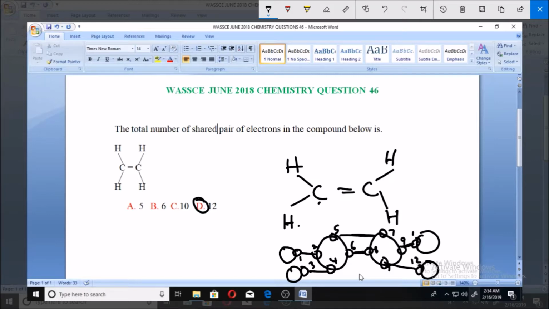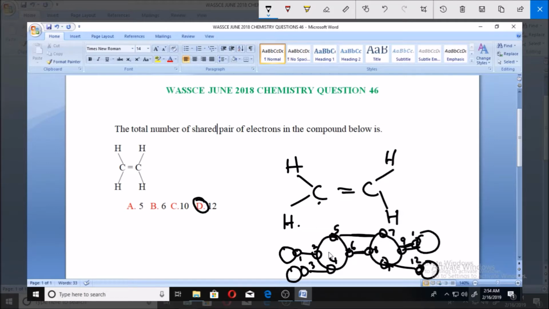Very importantly, with this sharing, all of them complete their normal octet configuration. With this sharing, this carbon will have the natural 4 it had before, 1, 2, 3, 4, but it's now pairing with this 5, with this one 6, with this one 7, with this one 8, making it complete.